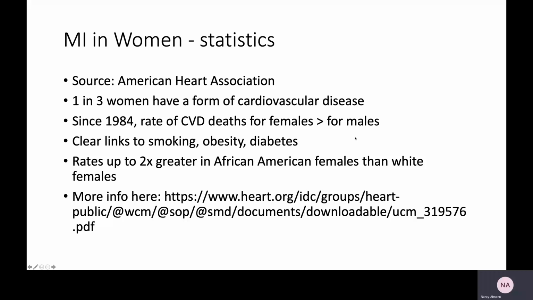The rate of cardiovascular disease for females has been greater than for males since 1984. There are clear links to smoking, drinking, obesity and diabetes. And African American females have 2 times greater a chance of having cardiovascular disease than white females.